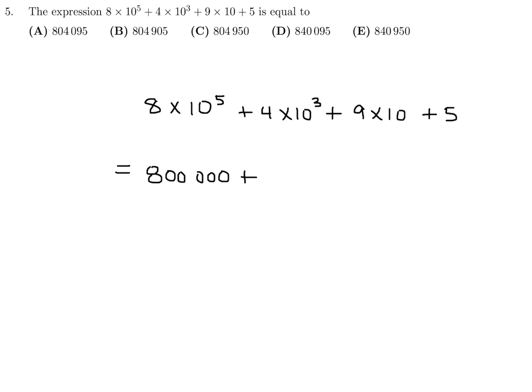And then 10 to the power of 3 is 1,000, so that's going to be 4,000 when you multiply by 4. 9 times 10 is just 90, and of course we got that 5 out there. So adding this all up, we get 804,095. And that is choice A for number 5.